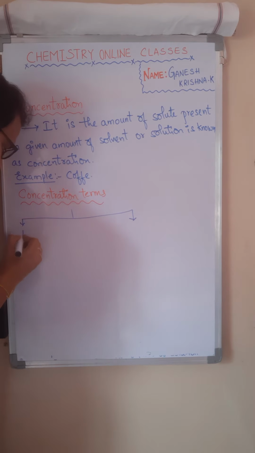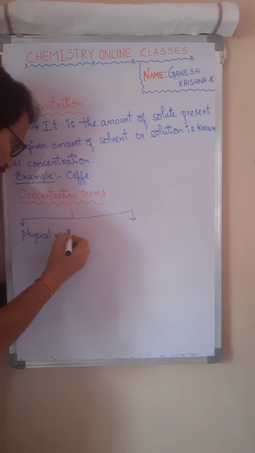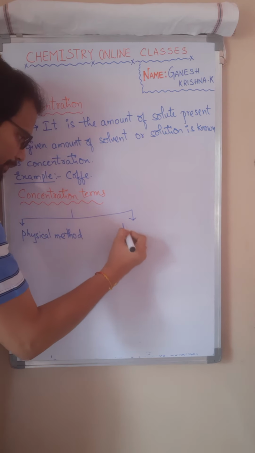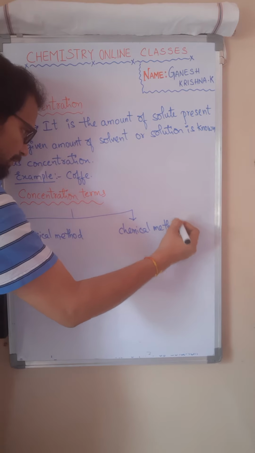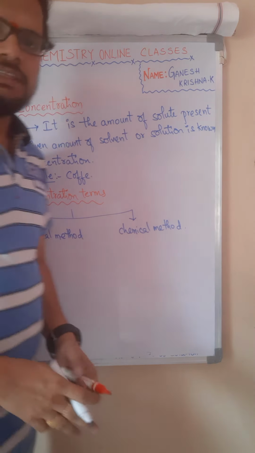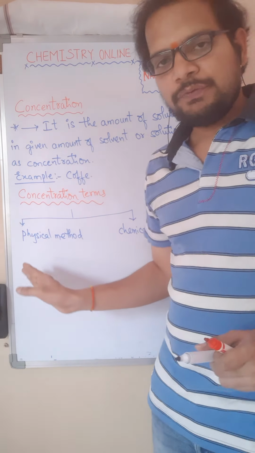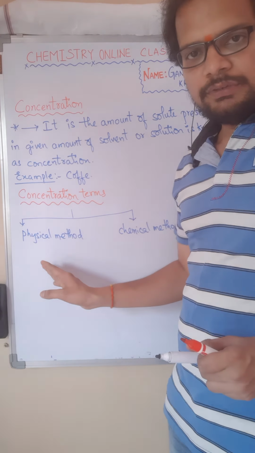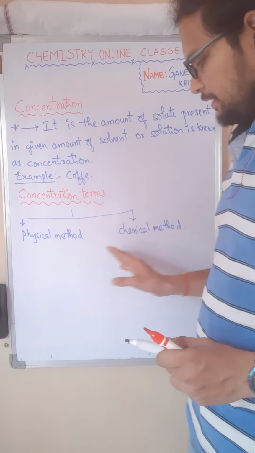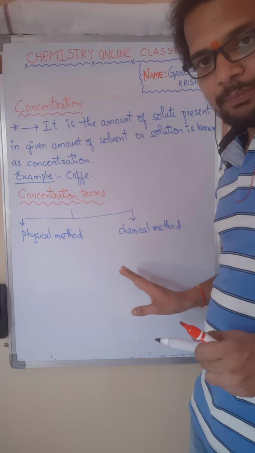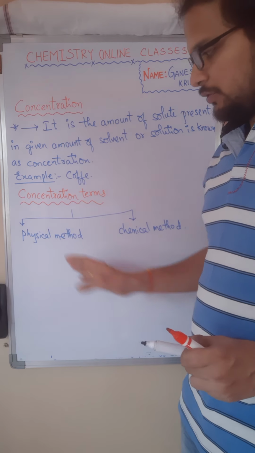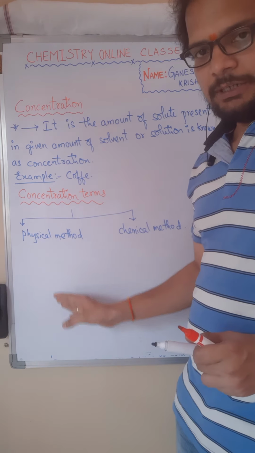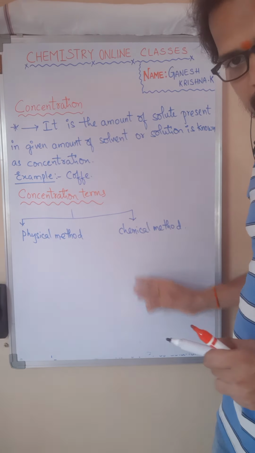One is a physical method and the other is a chemical method. In the physical method we find out the amount of solute in terms of weight, whereas in the chemical method we find out the number of solute particles in a given amount of solvent or solution. So what are the concentration terms involved under each?